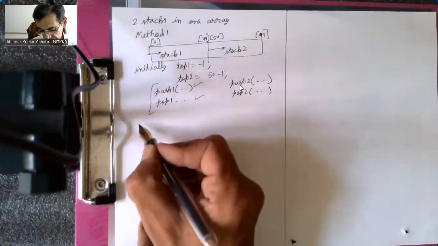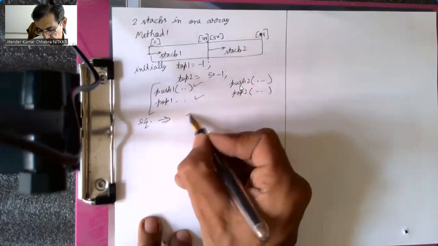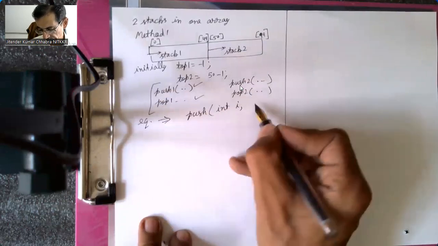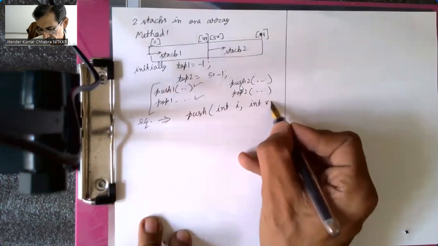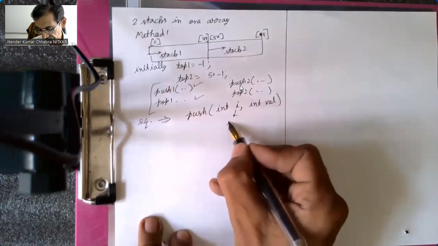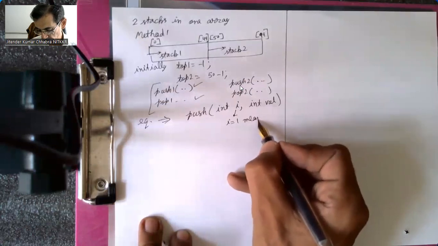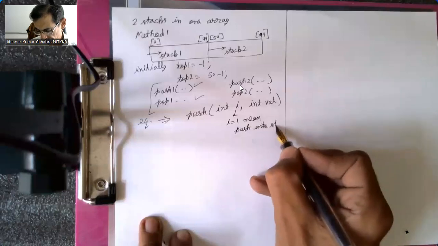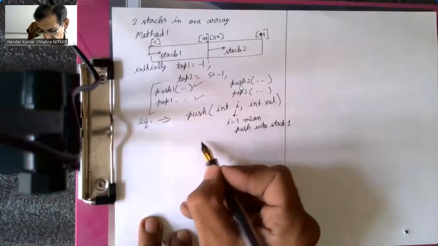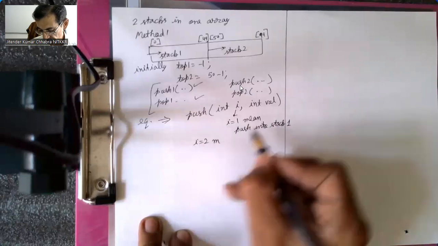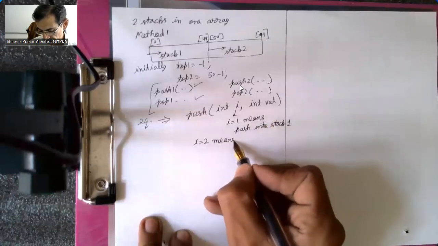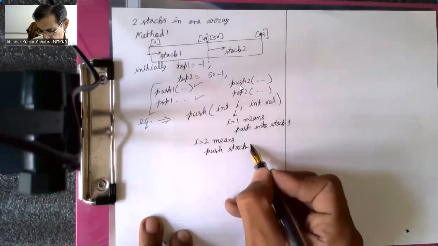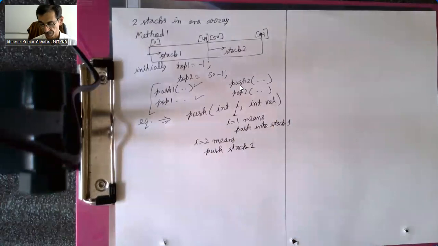Or equivalently, you could have one push function where you tell the number and the value, where I equal to 1 means push into stack 1, and I equal to 2 means push into stack 2. That way also you can do the coding. I say you try both.